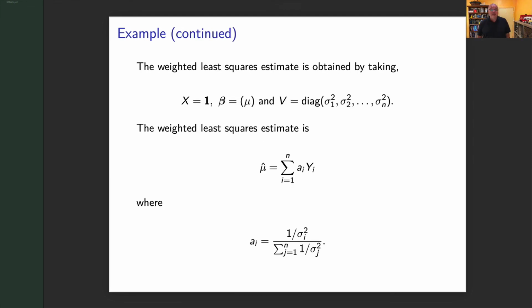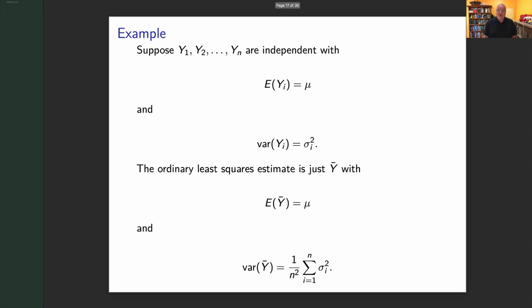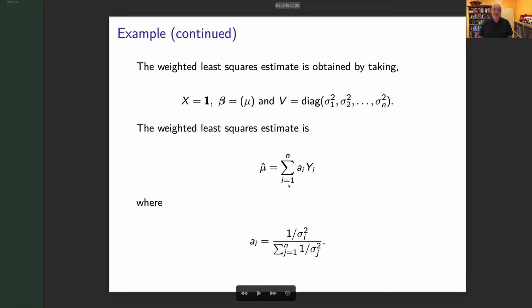But you can actually try to get a better one than that. So that would be your standard one. You could do a better one, where you do the weighted least squares estimate. So you can say, fine, I set up my linear model, I have x equals just 1. My beta now just equals the mu I care about. My V equals diagonal. I shove it in. And your weighted least squares estimate will be mu hat equals, and you can see I'm taking each term, and instead of adding them all up and dividing by n, I'm going to adjust them by a weight.